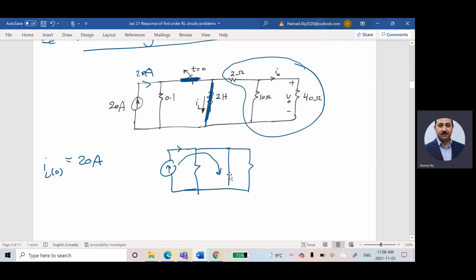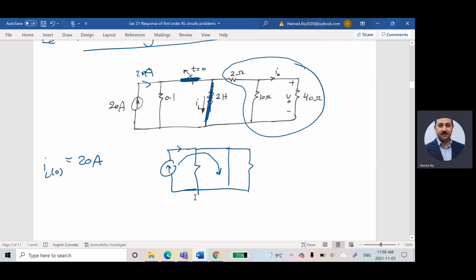The current will prefer to go in this guy. But if you have a resistor here, I will draw that resistor here. At that time, this guy is considered as a short circuit. For what? For this branch only. After removing this branch, what's going to happen? I have this short circuit connected in series with this resistor. Am I right? And after that, the current will be distributed between this branch and this branch.